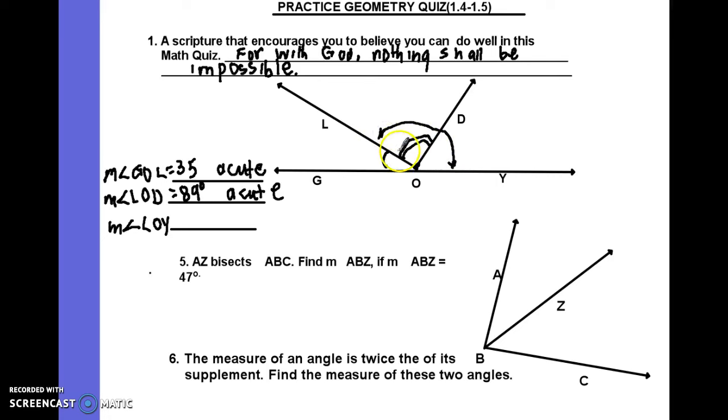And you read from here, 10, 20, 30, 40, 50, 60, all the way around. And let's say it's 145. Then what would you write for that classification? That would be obtuse. Okay? So that's the way you'd measure those.